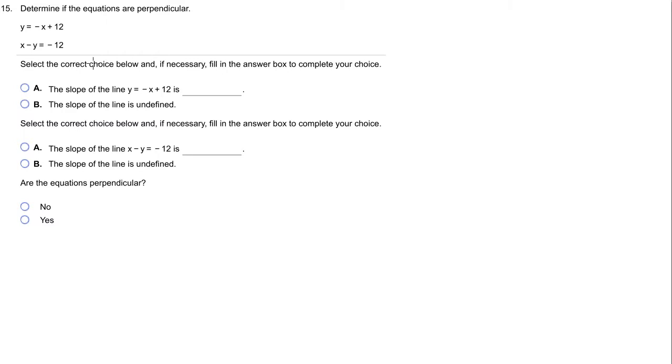Determine if the equations are perpendicular. Once again, we're going to start with looking at the slope, and we can just read it off of here. This slope is a negative 1, and now we'll take x minus y equals negative 12. Change the signs here, negative plus plus. So minus x plus y equals 12. Y is equal to x plus 12.